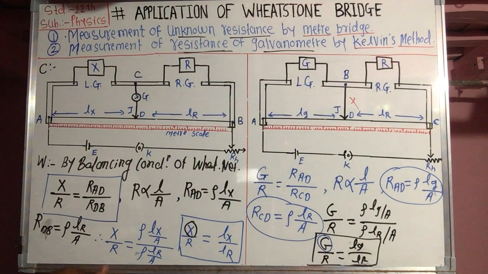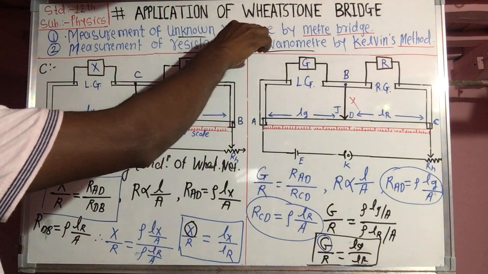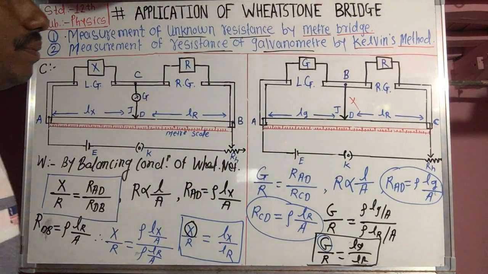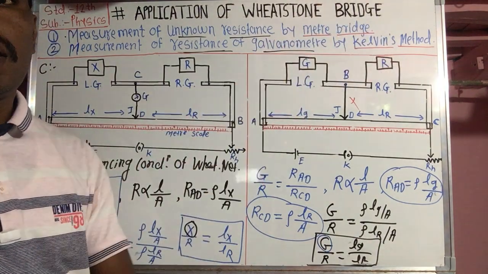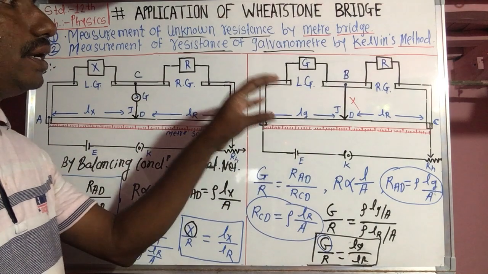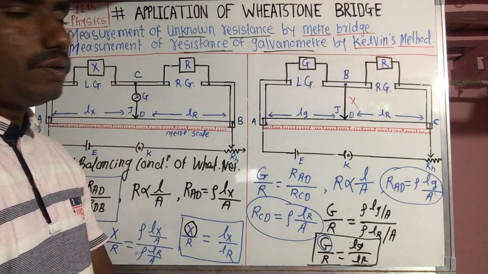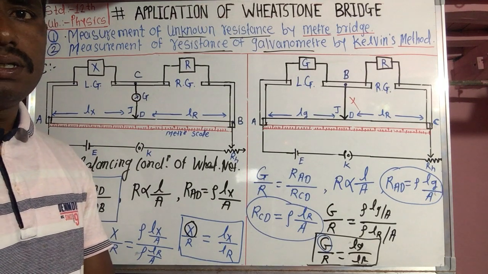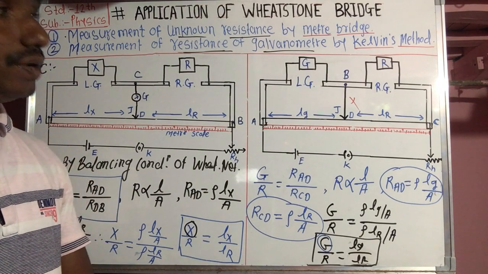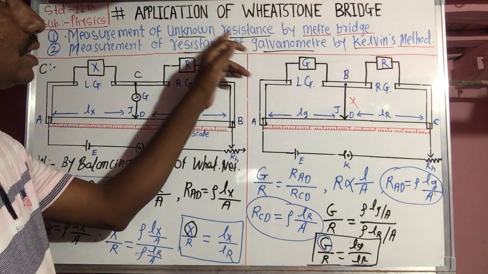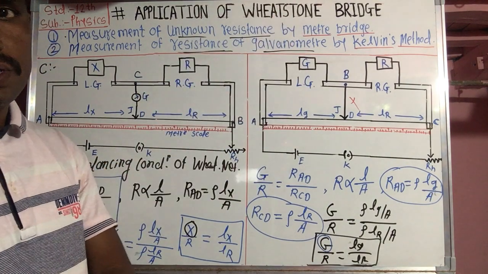These are the two concepts. First is the measurement of unknown resistance by meter bridge. Second is the measurement of resistance of a galvanometer by Kelvin's method. These are the main two applications of the Wheatstone bridge. To revise: first, the Wheatstone bridge is used for measuring low or unknown resistance by meter bridge.